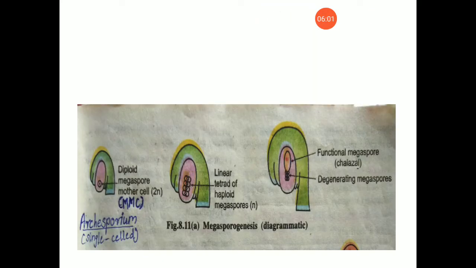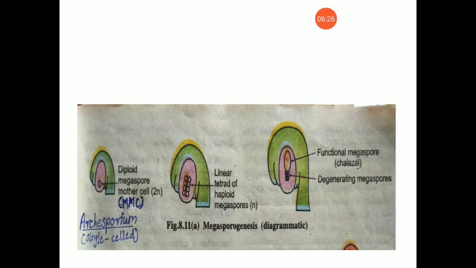Now, next topic is megasporogenesis. Megasporogenesis is the process of formation of haploid megaspore from diploid megaspore mother cell.